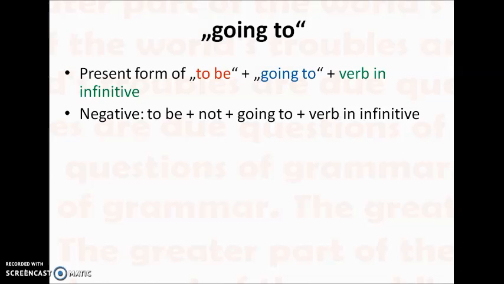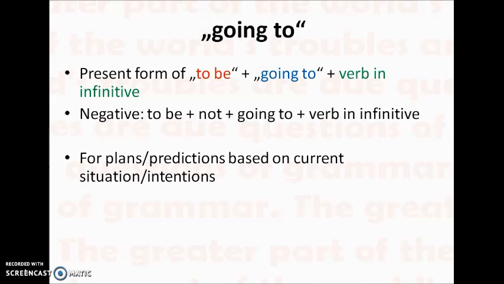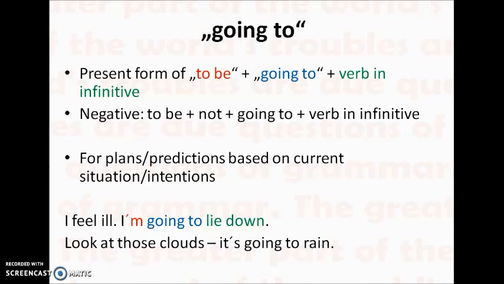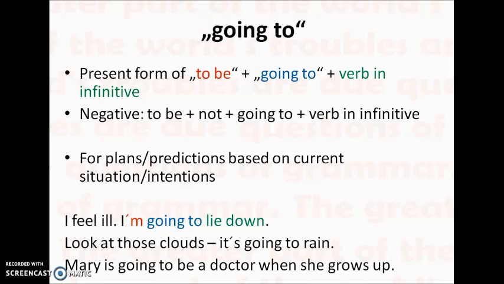We use this form for talking about plans, intentions, or for predictions based on current situation, and often we can see that current situation. For example, I feel ill. I'm going to lie down. Look at those clouds. It's going to rain. Mary is going to be a doctor when she grows up.